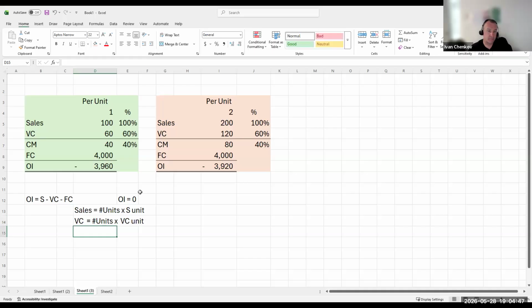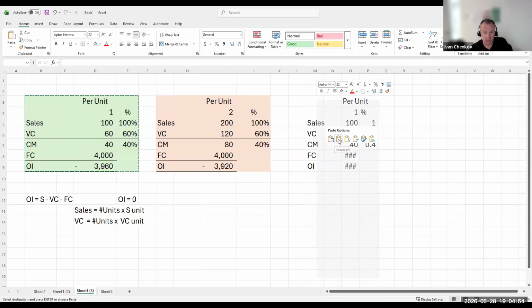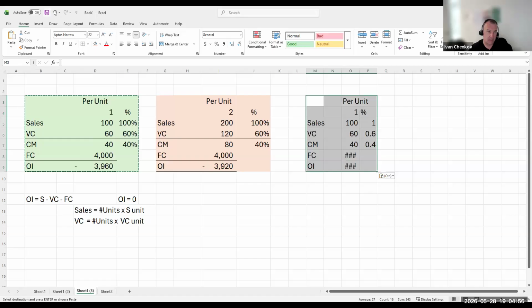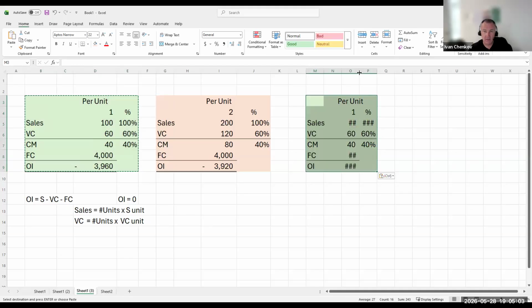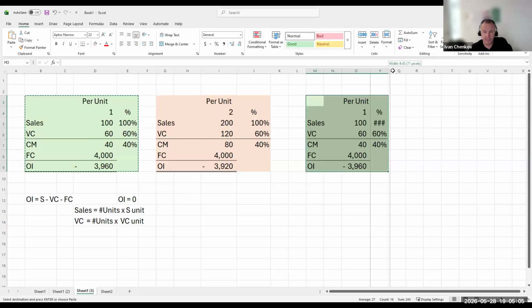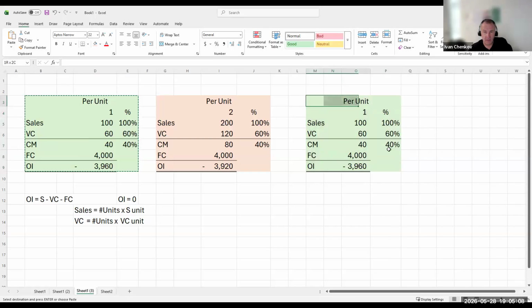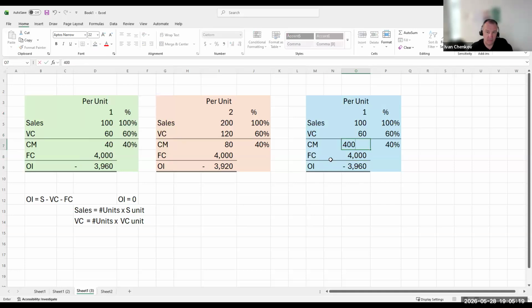What else do I know? I know that in this formula, if I want to go to the break-even, no, not like that. Apologies for that. I want to copy it and paste it. This. I know from this formula that the only way to go to the break-even is for my contribution margin to be equal to the fixed cost.